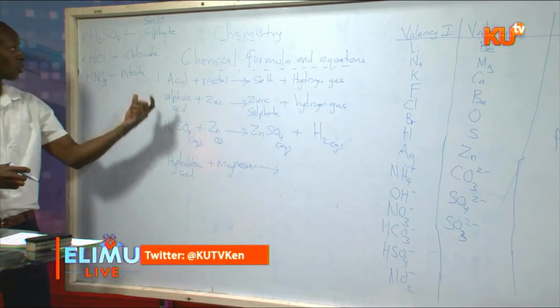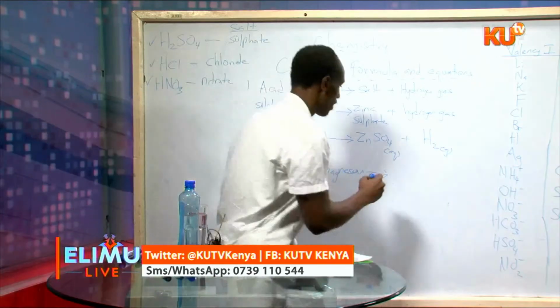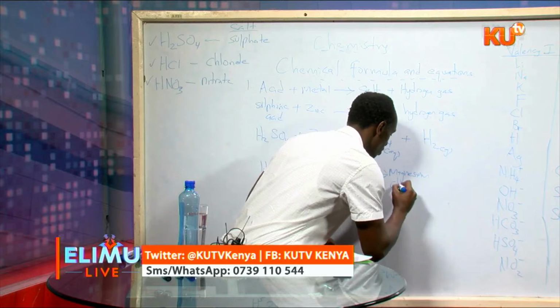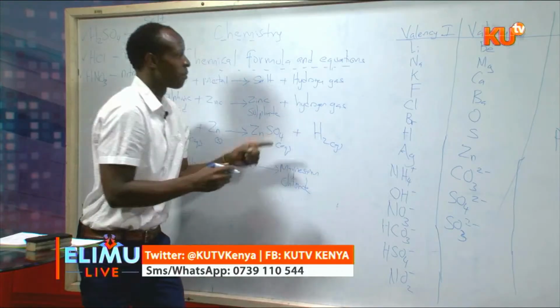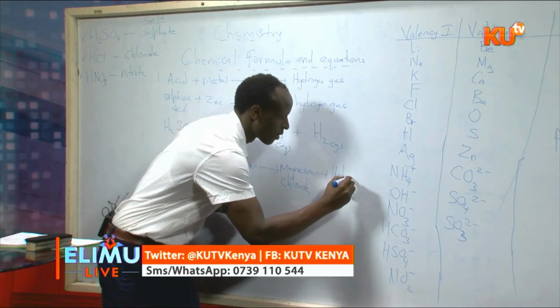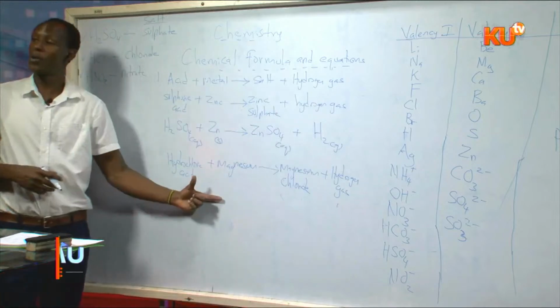So if you are using hydrochloric acid, the salt should be chloride. So automatically the name of that salt will be magnesium chloride, plus hydrogen gas. That's what you get. This is a word equation.